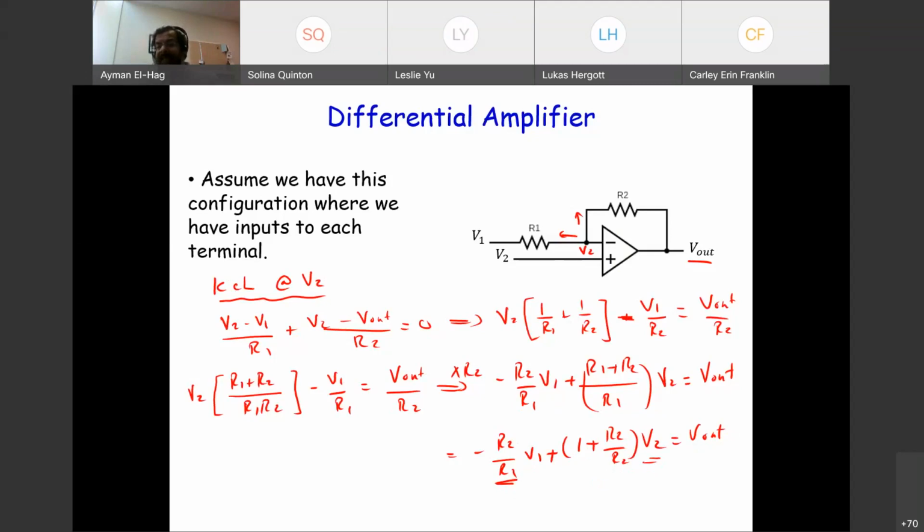So if I can somehow change this V2 factor, instead of having it as 1 plus R2 over R1, to R2 over R1, then we will have R2 over R1 as a common factor, which is the gain of the inverting amplifier. But here I will not be multiplying V1, but instead V2 minus V1. This is the whole idea. So that is the objective that we want to achieve.